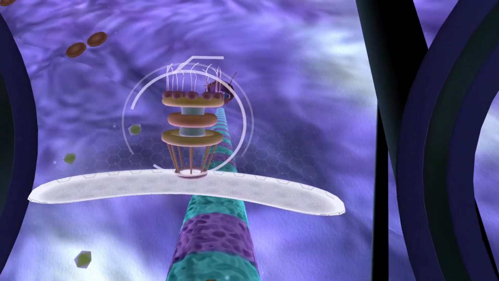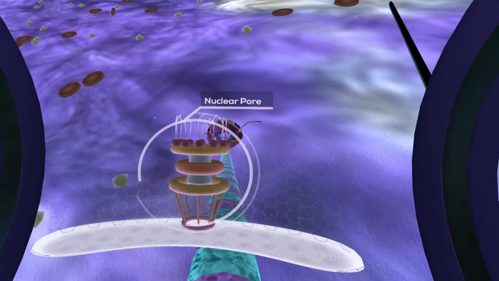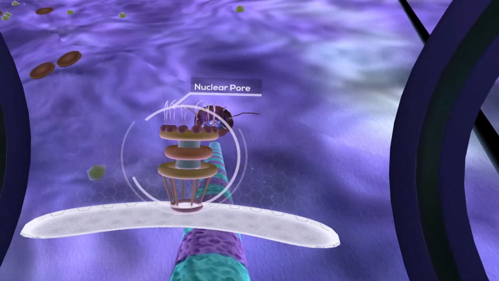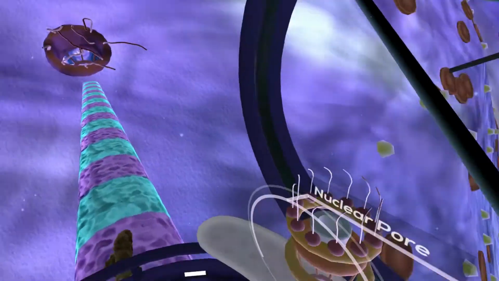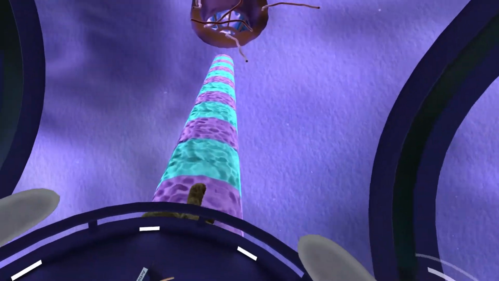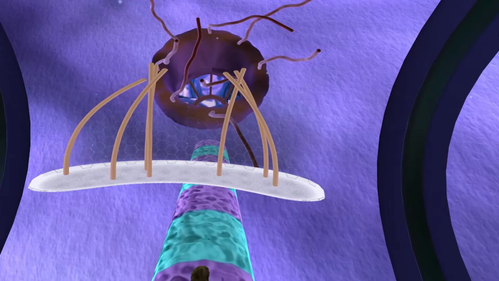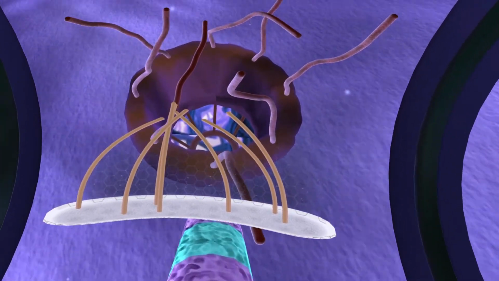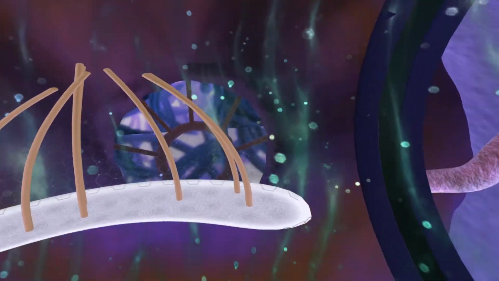Pores are spread around the surface of the nucleus to allow entry and exit of larger molecules. Protein filaments are located around the edge to facilitate the transport. Let's head inside.